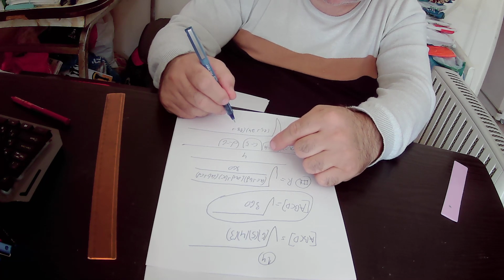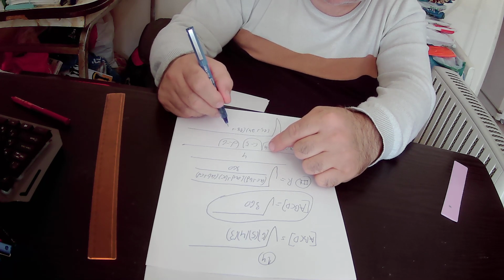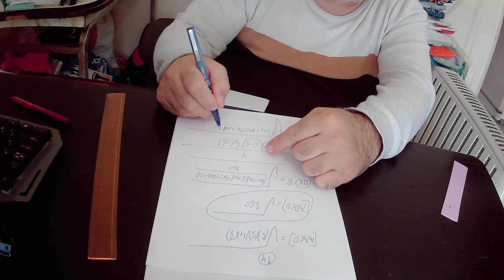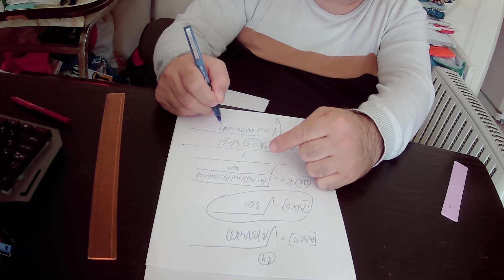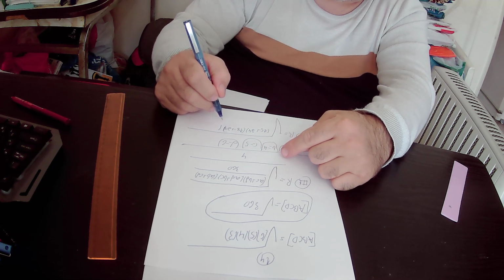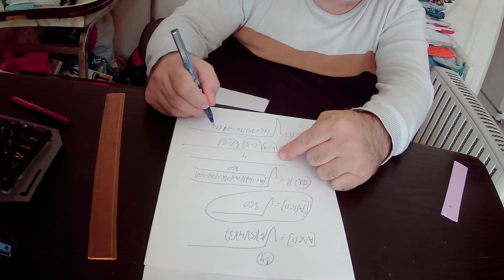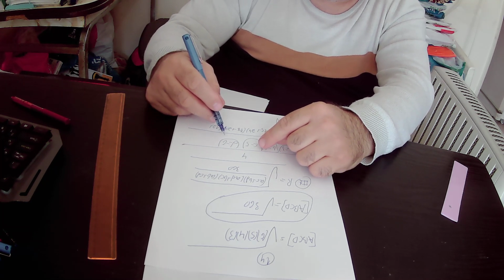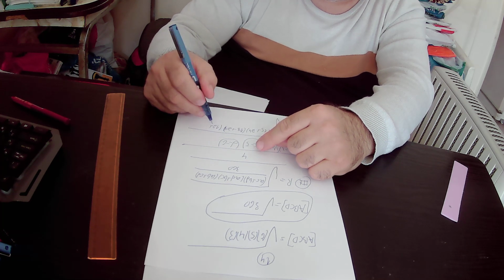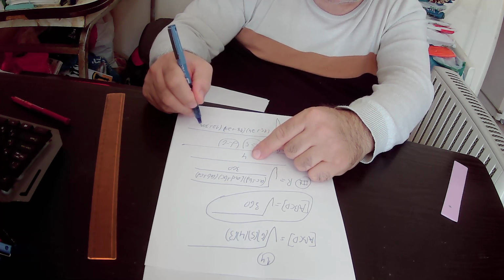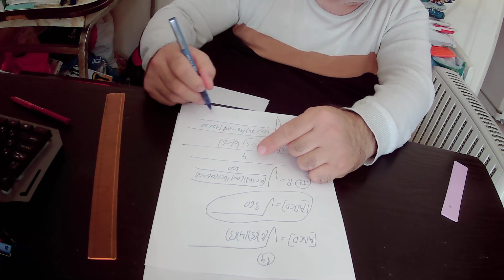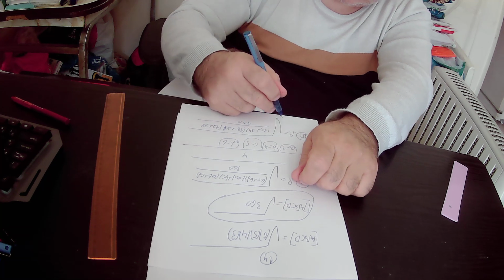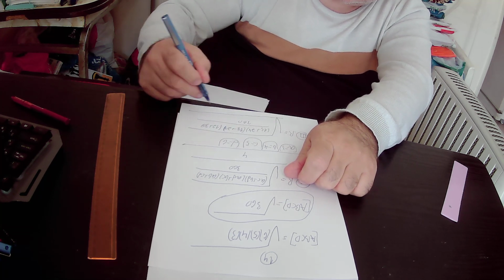B is 4, C is 5, so 4 times 5 is 20, times AB. A is 3, B is 4, so 3 times 4 is 12, plus CD. C is 5, D is 6, so 5 times 6 is 30, all divided by 360, and we divide it by 4.